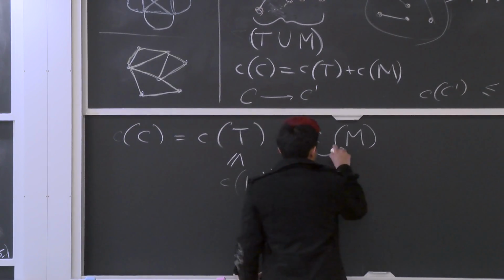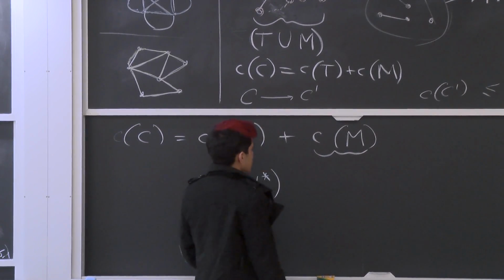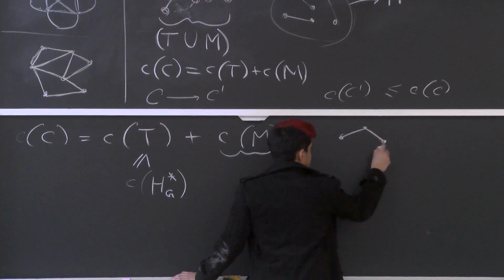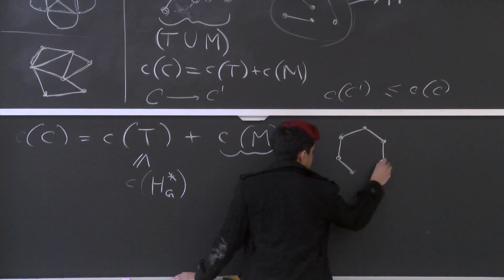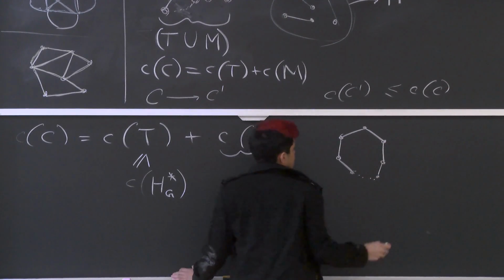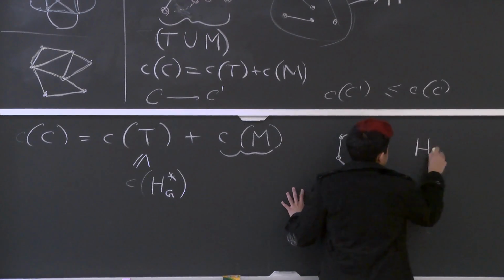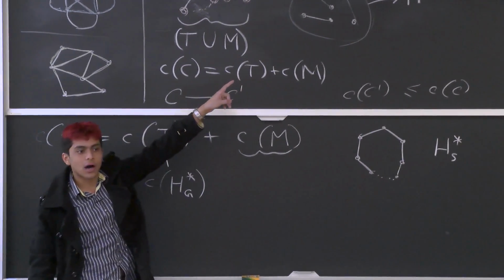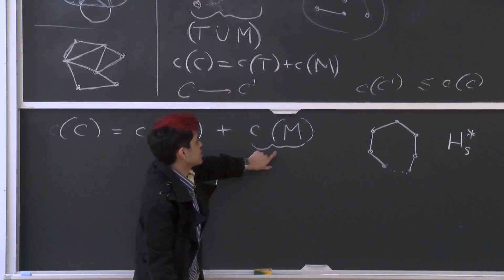What about this guy? Well, let's look at the actual h star g again. Actually, let's look at h star s. Remember that S is the set of odd vertices, and that is where this matching is done.